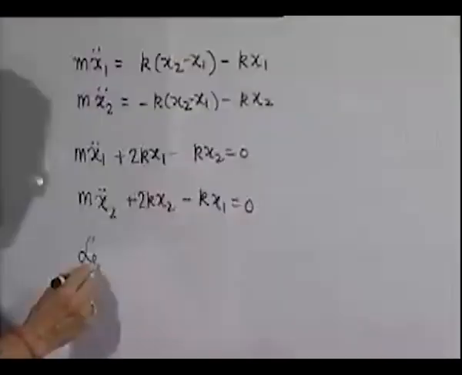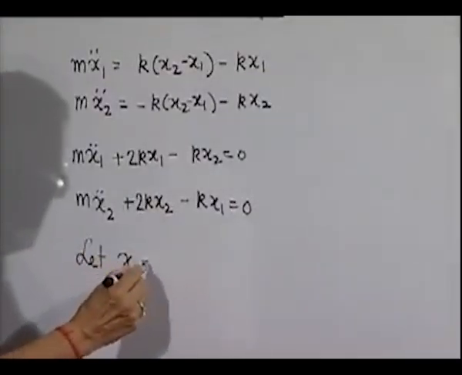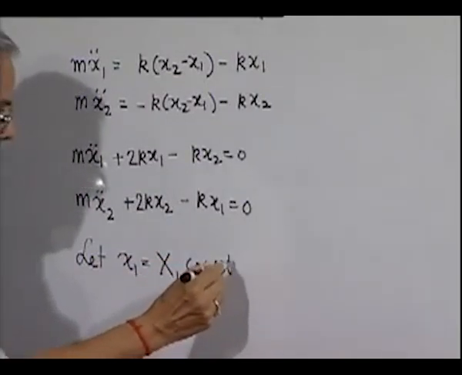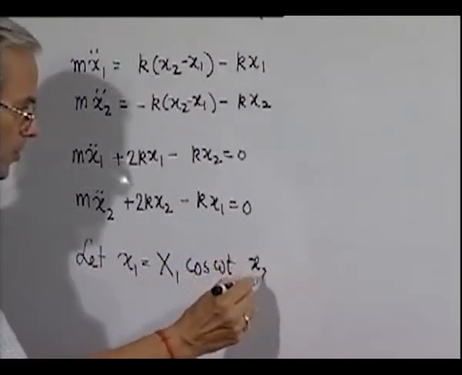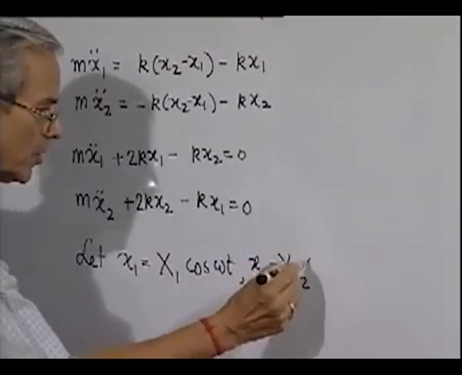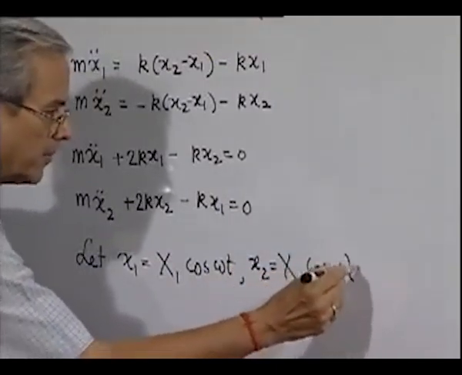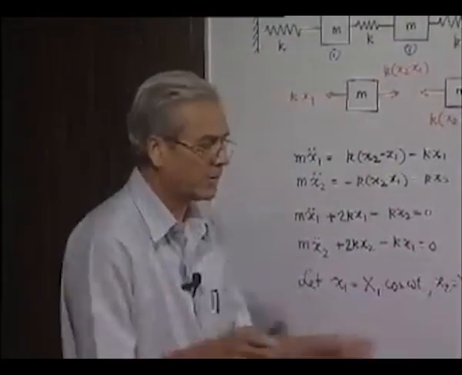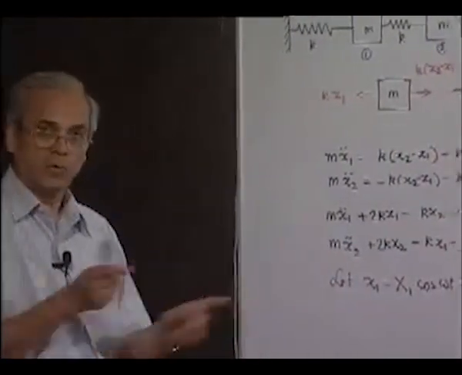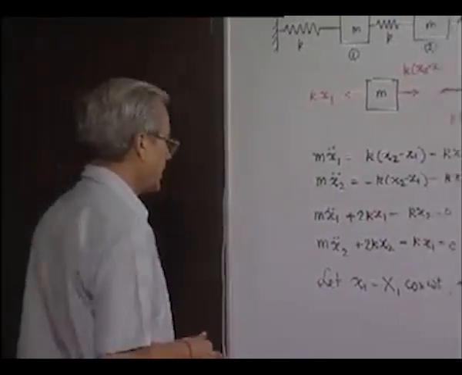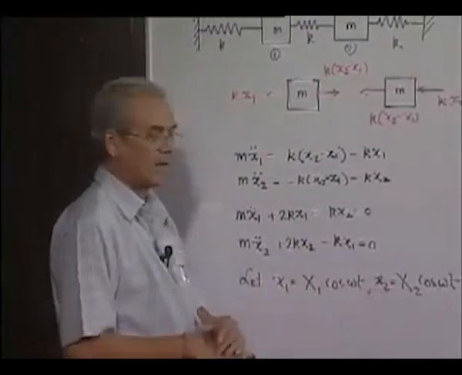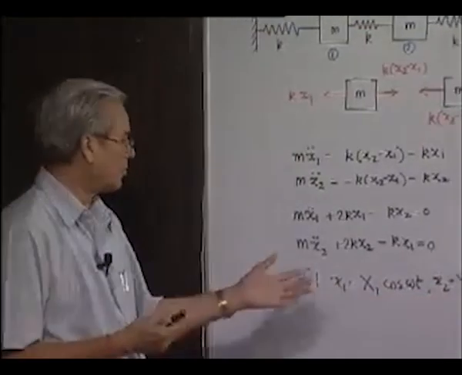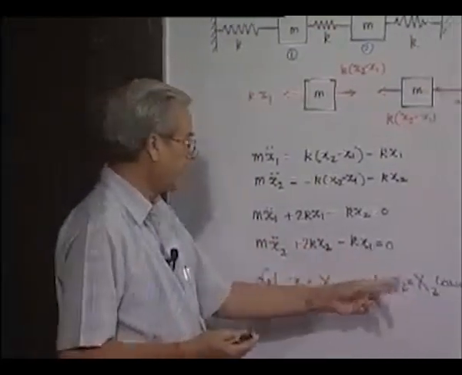Now, the technique of solving this set of homogeneous equations will be that since we are studying only natural mode oscillations, we will assume that both x1 and x2 are simple harmonic functions of time with the same frequency. So, let x1 be equal to capital X1 cosine omega t and x2 equal to capital X2 cosine omega t.